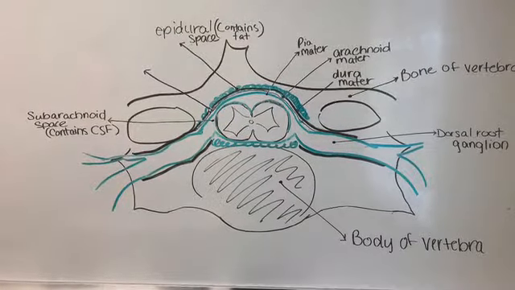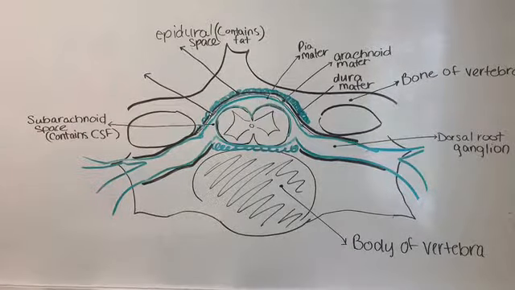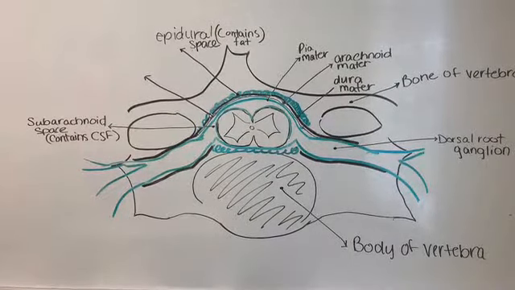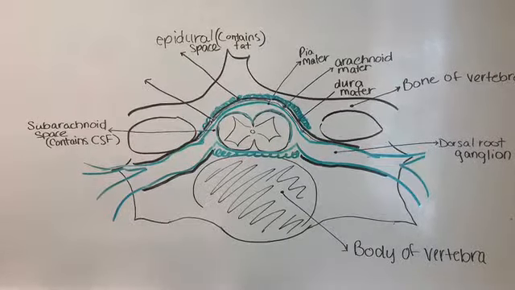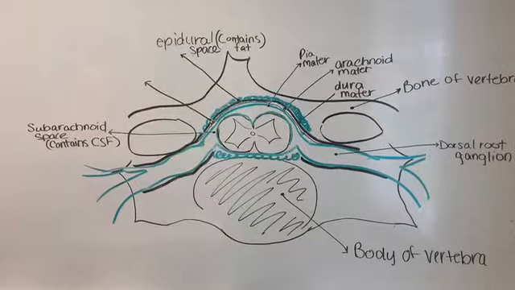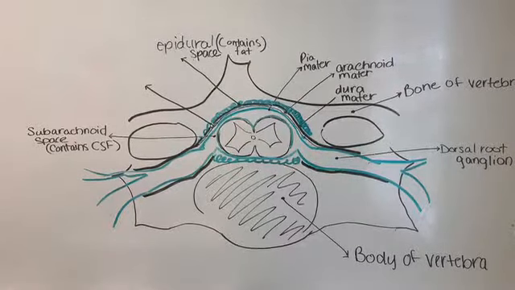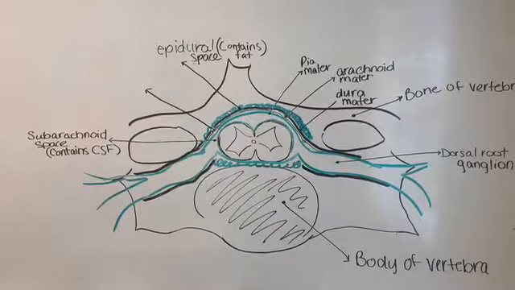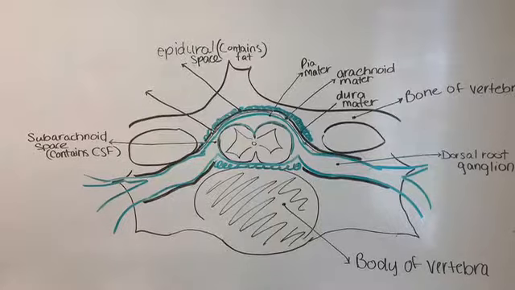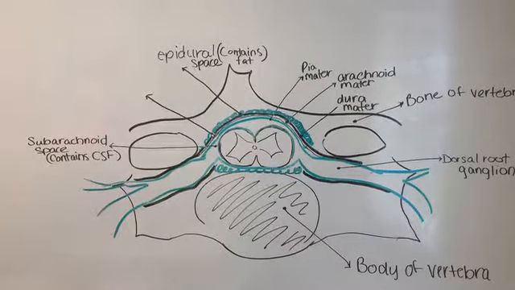Protection of the spinal cord. There's a vertebral column, which is made of vertebrae, a cage which surrounds the spinal cord. Then we have the spinal meninges, which are membranes around the spinal cord. They consist of the epidural space outside the dura mater, filled with adipose and veins. Dura mater, unlike in the brain, only has one layer.